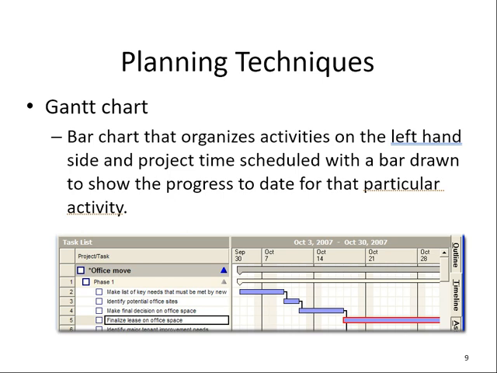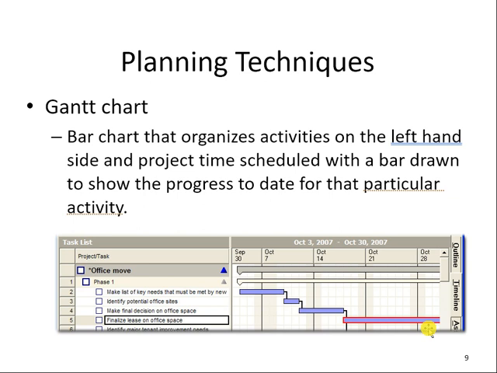The next technique is the Gantt chart. Basically, this is a bar chart that organizes activities on the left-hand side and the project times scheduled, with a bar drawn to show the progress to date for that particular activity.